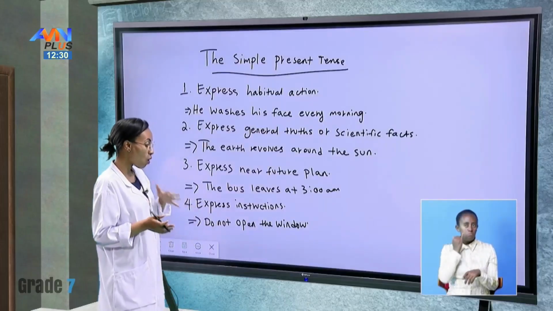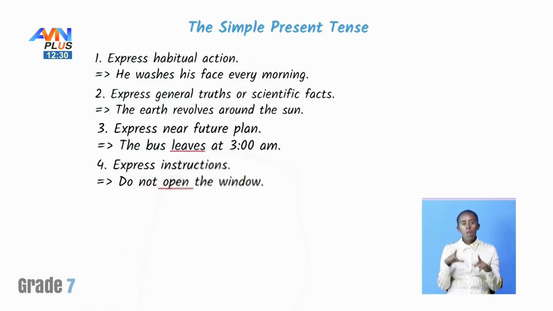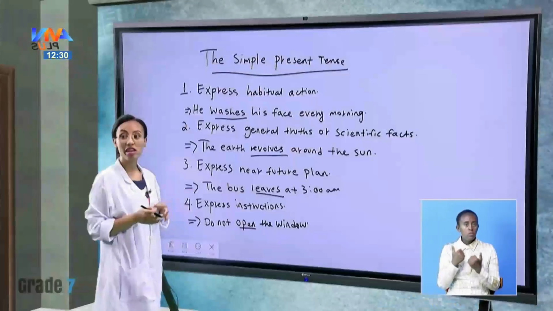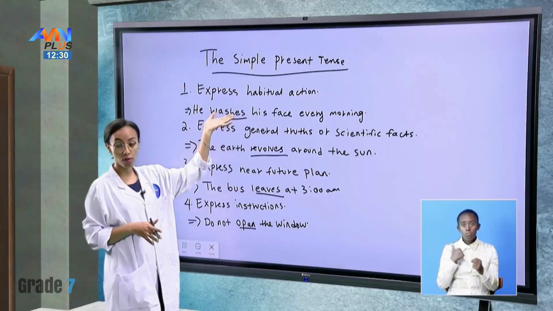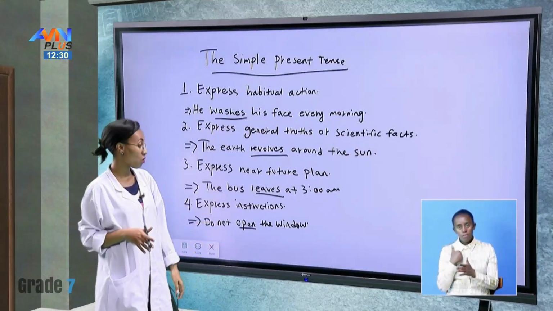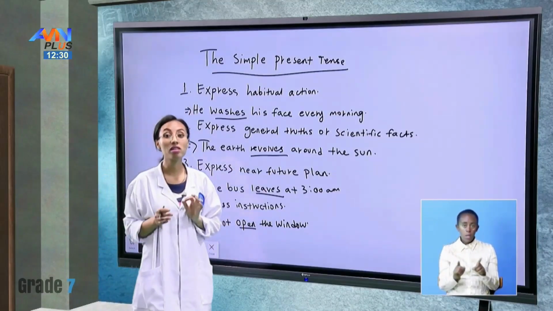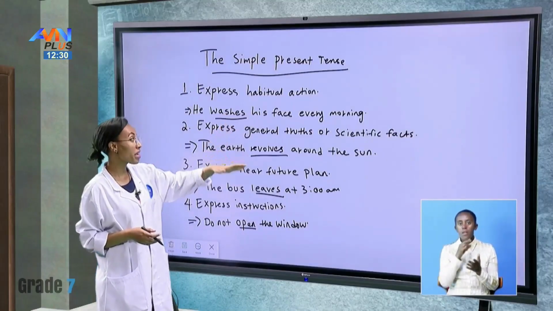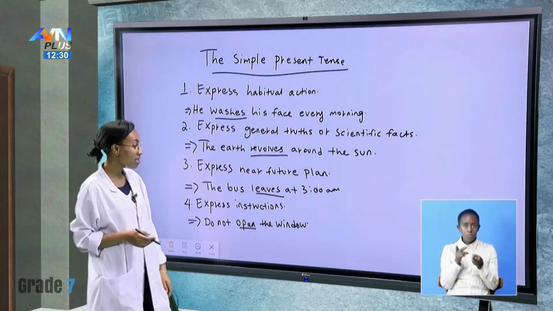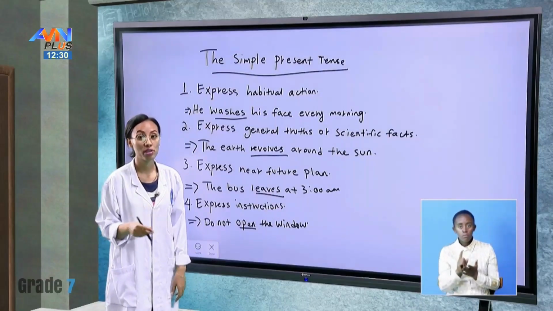If you see all of the verbs that we see here, leaves, revolves, washes, they're all what? In their simple present tense form. Even though some of them have es and some don't, it's still the simple present form. These verbs use es because the subject before them is third person singular.